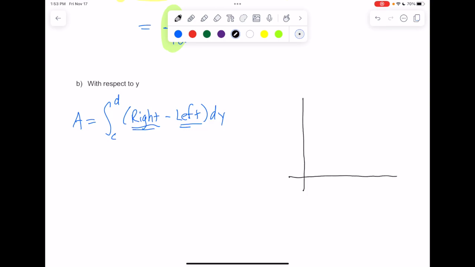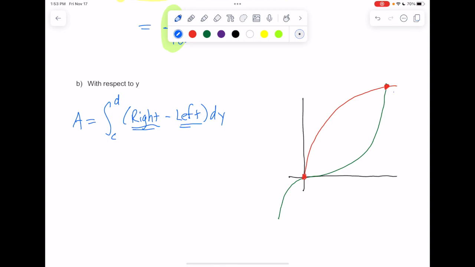I believe I did green for the cube function, so that came in, flattened out, and went up. And then our y equals the square root of x function did something like this. And we have this point of intersection, and we have that point of intersection. So we know that the x value here was 1.